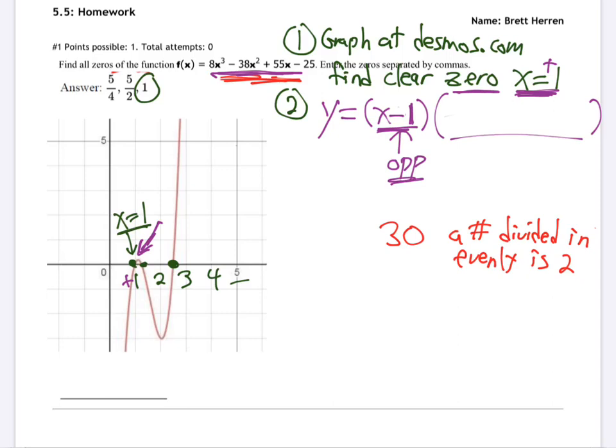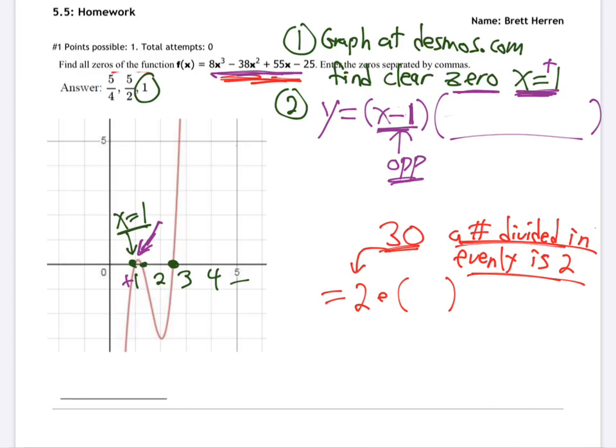So then you'd go, okay, so 30 must equal 2 times something, because you found a number that divides in evenly.